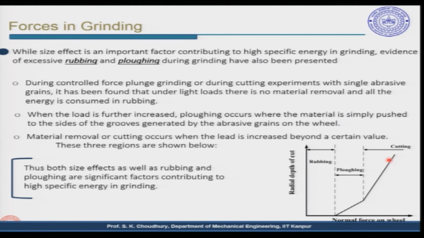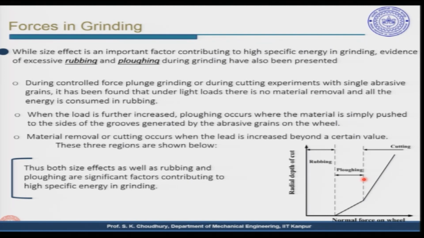As you can understand, before the material removal actually takes place, or before the cutting process actually takes place, there is plowing and there is rubbing, and because of the rubbing and plowing, a lot of energy is spent without removal of material.